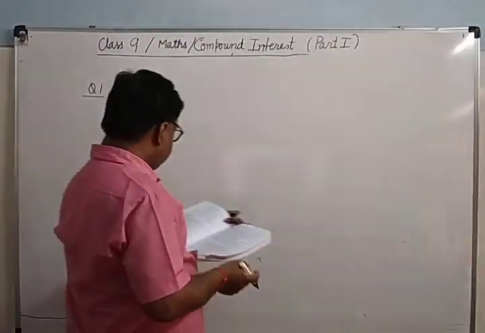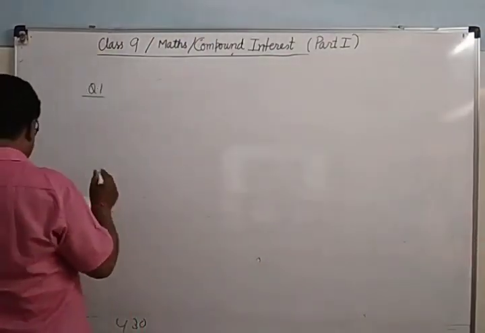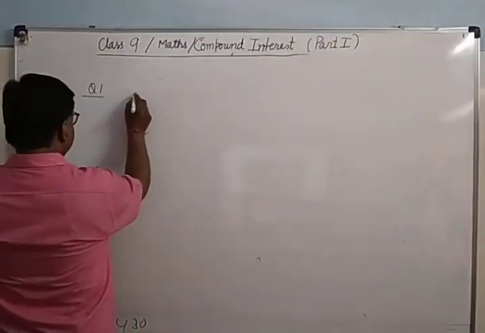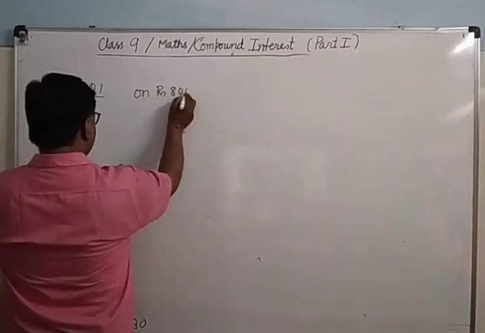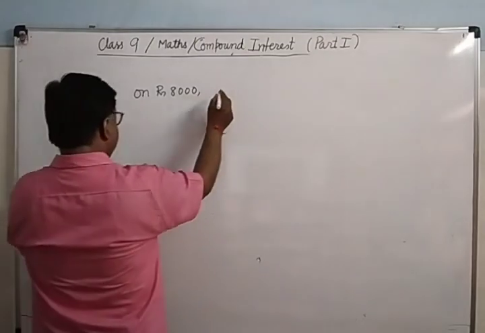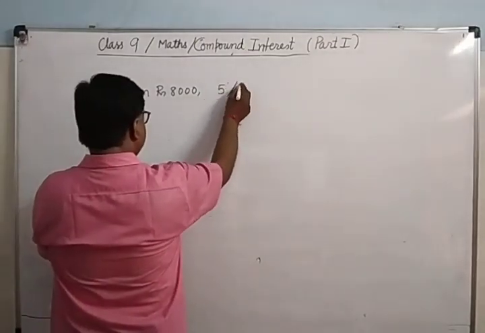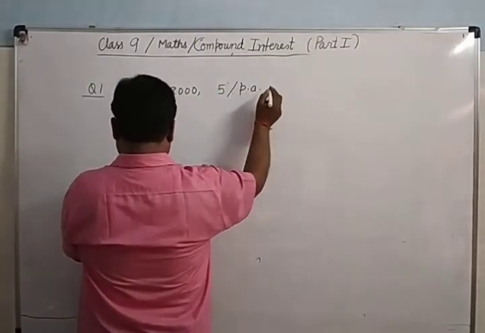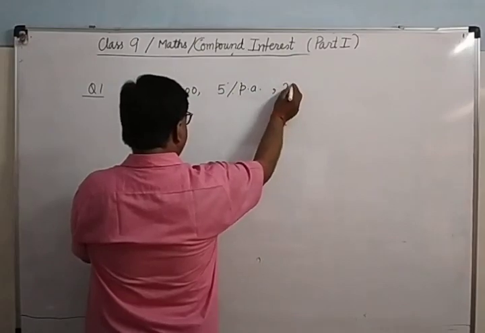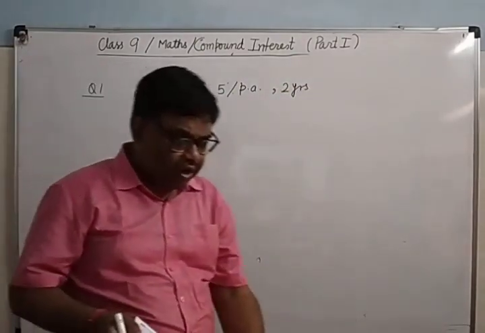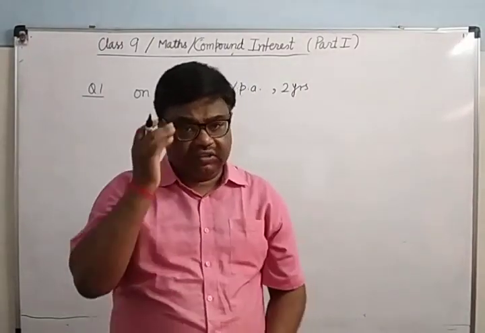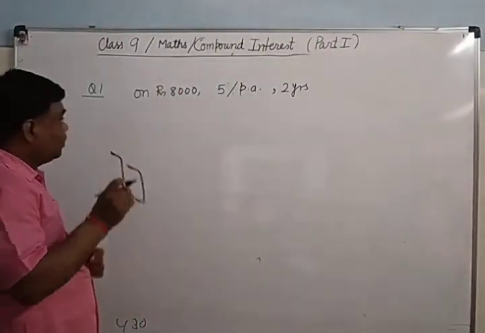So see here: find the amount and CI on rupees 8,000 at 5% per annum for 2 years. Means after 2 years, what will be the amount and what will be the CI. It's clear that you have to find this.